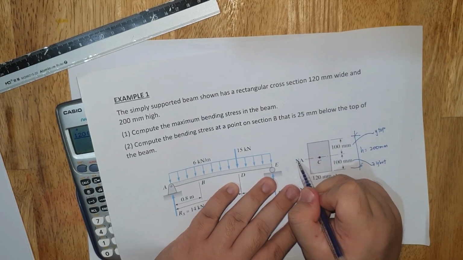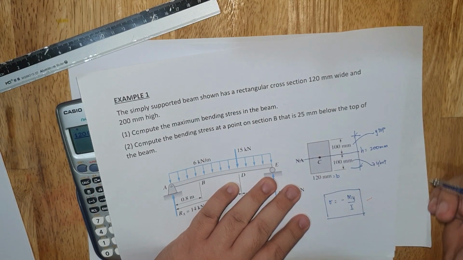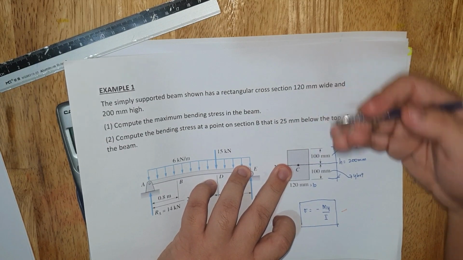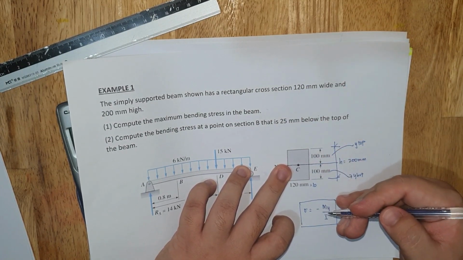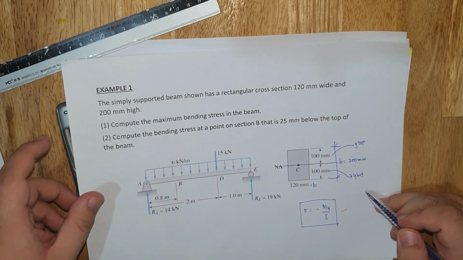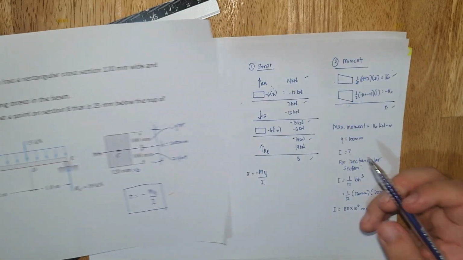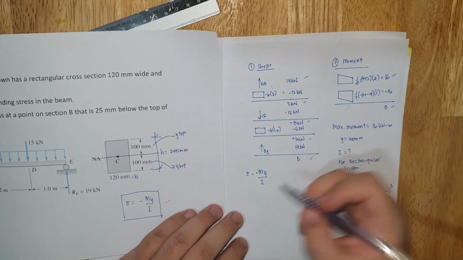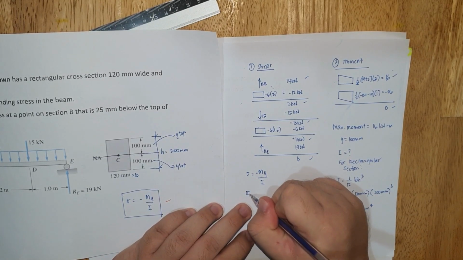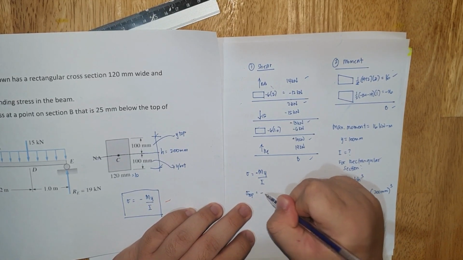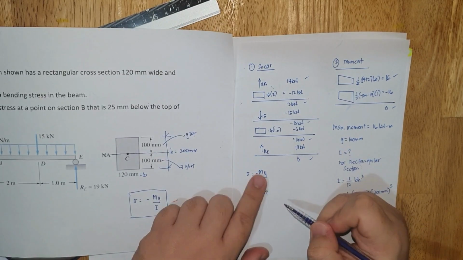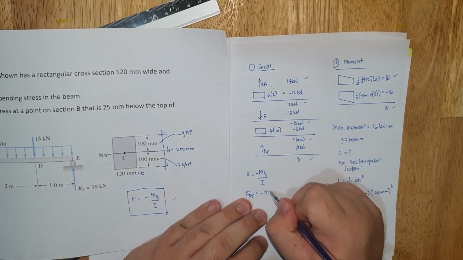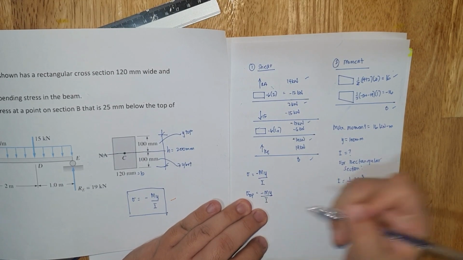Kung ito yung neutral axis, so ibig sabihin lahat ng nasa taas is positive yung value, sa baba is negative na siya. Kung stress sa top yung hinahanap natin, so negative M, tapos yung Y natin, since nasa top siya, positive siya. So remain lang yung formula natin.